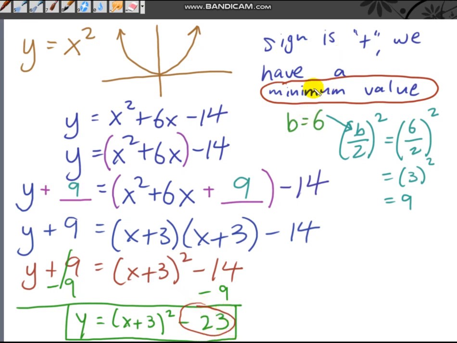So what this implies is that the minimum value is going to be at y equals negative 23. Alright? So, in the next video, I'll give you more context, like what does this mean.